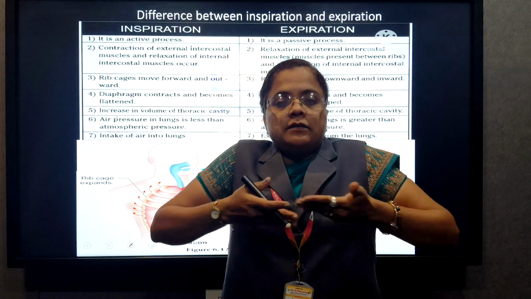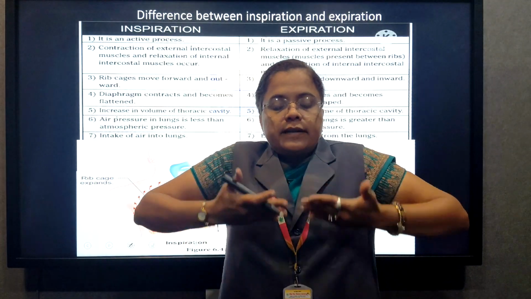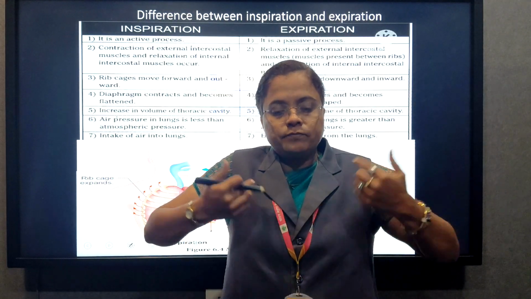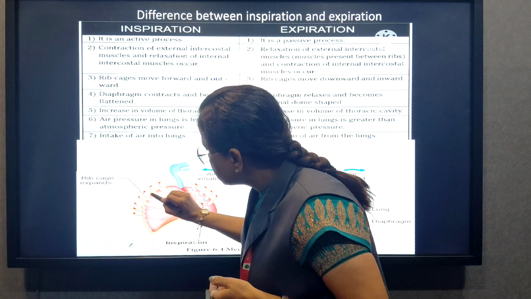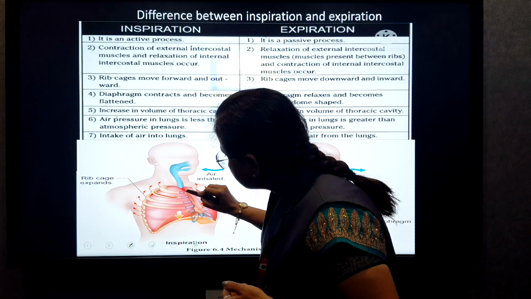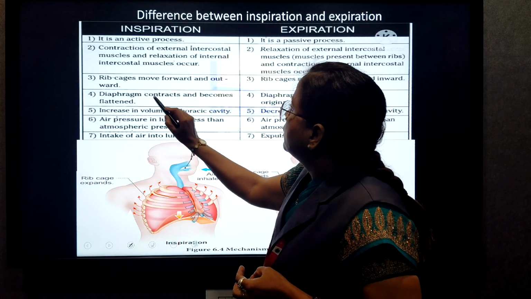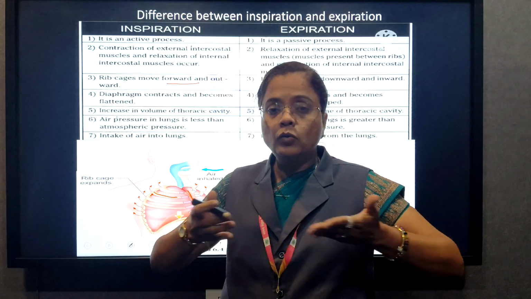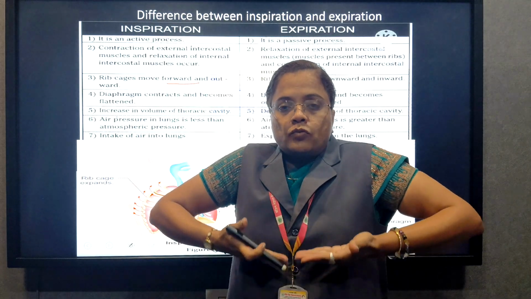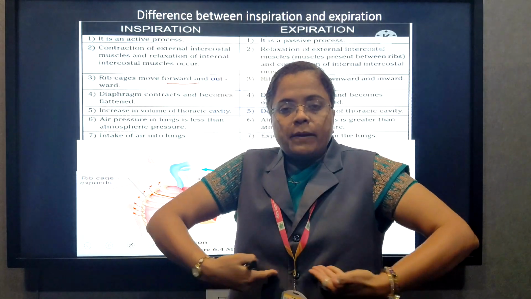What can you imagine? The diaphragm becomes flat, and the intercostal muscles, ribs, and sternum move forward and outward. The diaphragm shape becomes flat.